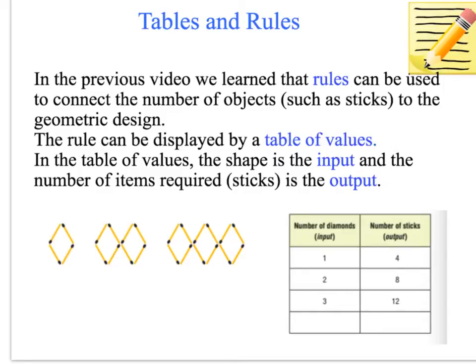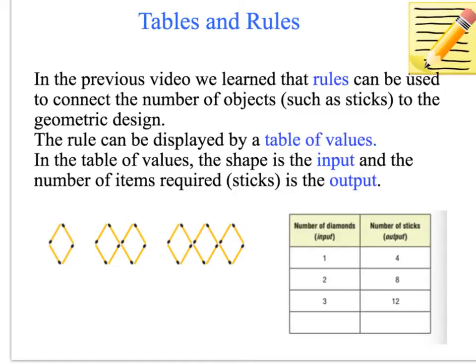Alright, so in this table of values, we're going to be talking about inputs and outputs. When we write the rules, the input is the number of shapes, so in this case the number of diamonds, and the output is the number of sticks, so how many you require to make up those shapes.